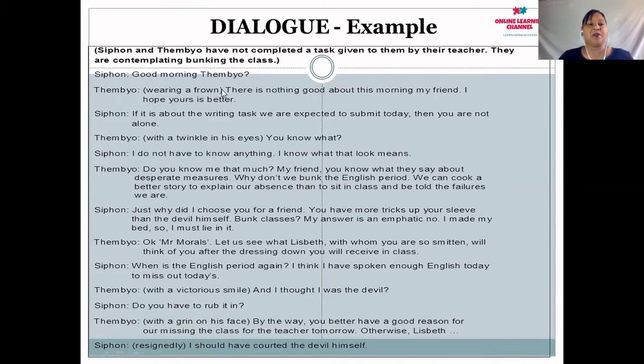Now, wearing a frown is in brackets because we are explaining how Timbio is responding to Sifon. His expression will be one of a frown. It's not going to be smiling, it's going to be frowning. So when you do this dialogue out in class, if somebody has to enact it, they will know exactly what expression to use when they are speaking.